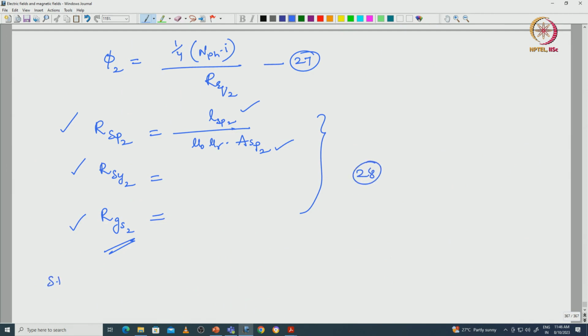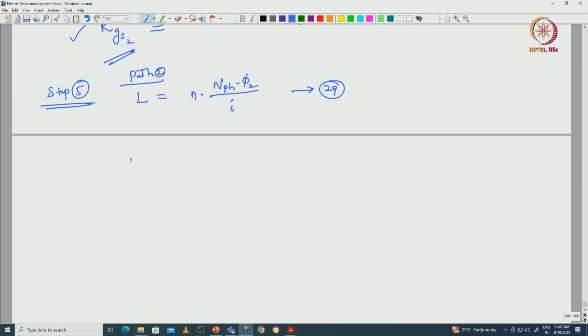Finally, with respect to step 5, we can calculate the inductance with respect to flux path 2. L is equal to number of loops into N phase into phi 2 divided by I. This is equation number 29. So, from this equation we can calculate the inductance in aligned condition with respect to flux path 2.